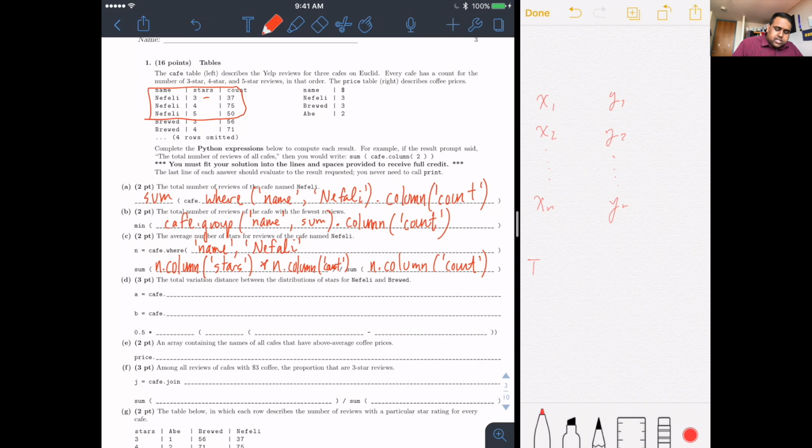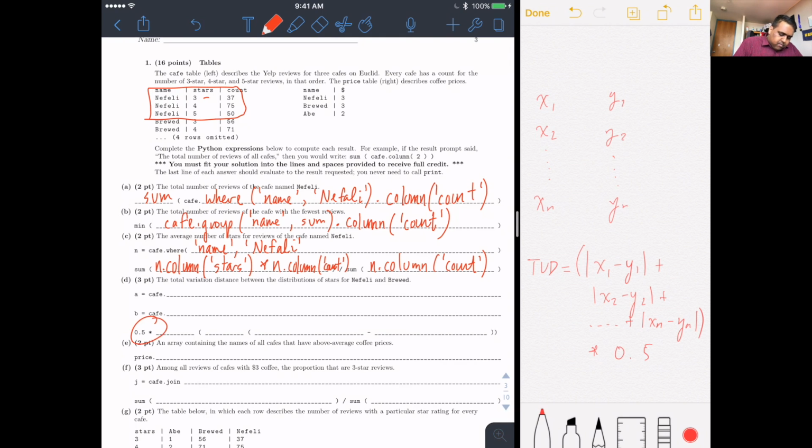The total variation distance in this case would be the sum of the pairwise absolute values. So that would be the absolute value of x1 minus y1 plus x2 minus y2 plus so on and so forth till xn minus yn. All of that multiplied by 0.5.